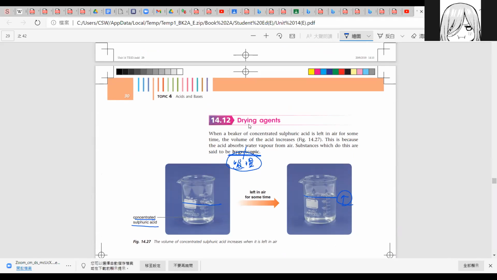Which one is safer? What are the drying agents that you commonly use which are rather safe? Silica gel. Yes, silicon and silica gel are two different things. Silicon is just the element, right? What is the compound found inside silica gel?